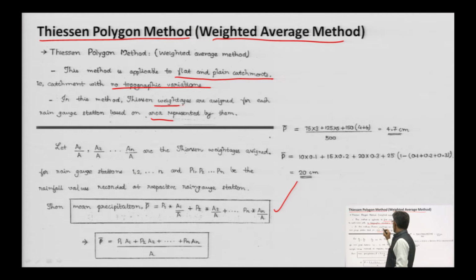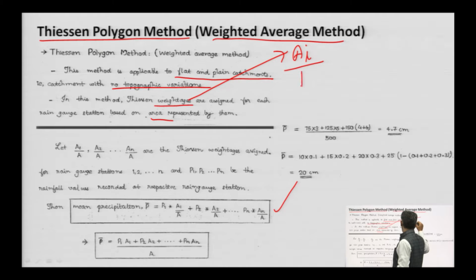The weightage is the area Ai divided by the total area, that is the weightage at any particular rain gauge station.